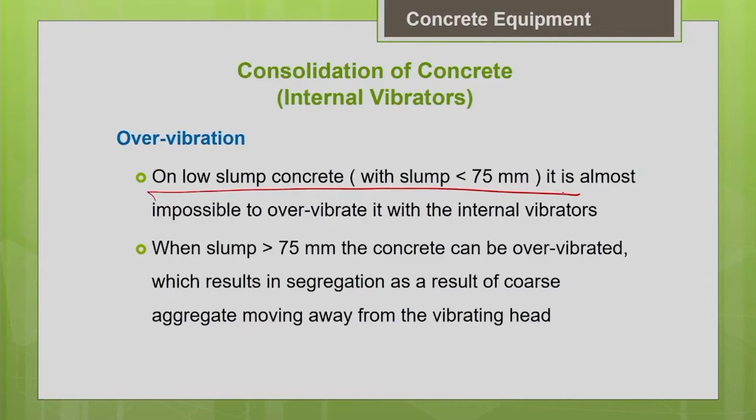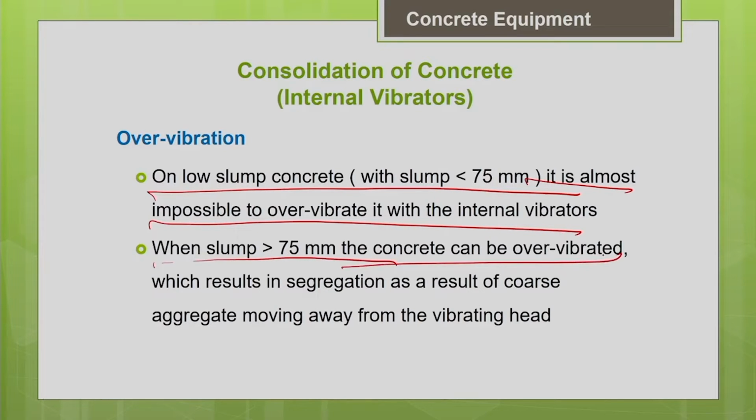When you handle stiff mixes, the chances for over vibration are very low. On low slump concrete with slump less than 75 mm, it is almost impossible to over vibrate with internal vibrators. But with slump greater than 75 mm, there are chances for over vibration, which can lead to segregation. It results in movement of the coarse aggregate away from the vibrating head, and that results in segregation. That is why we should not over vibrate.